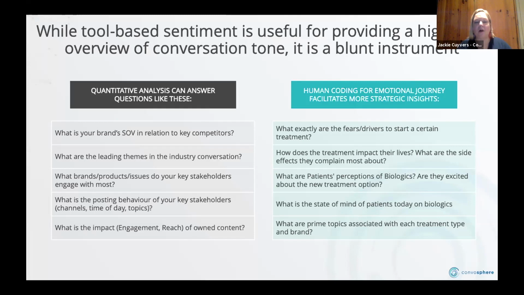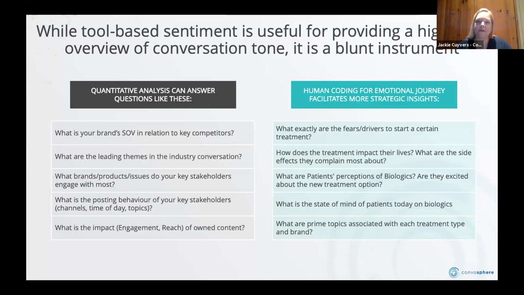Which brands, products, and issues are mentioned the most? It doesn't really let you understand the why of these themes, and it doesn't help you prioritize the issues in terms of which are barriers to adopting a new treatment or medication.